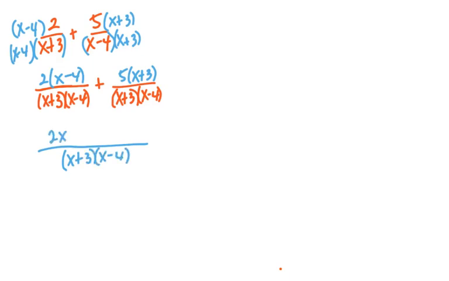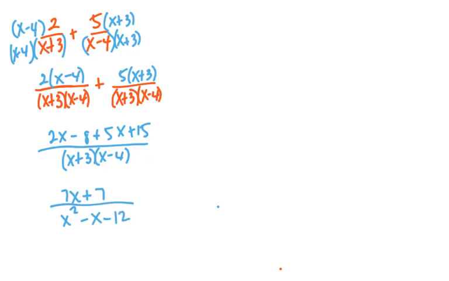And on the top we have 2x minus 8 plus 5x plus 15. So that gives us 2x plus 5x is 7x plus 7. And in the bottom we have x squared minus x minus 12.